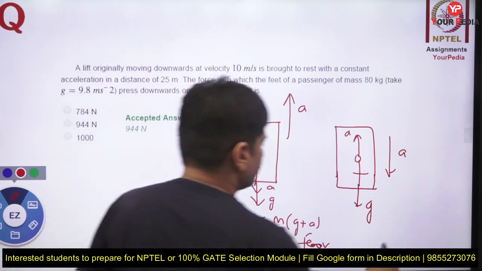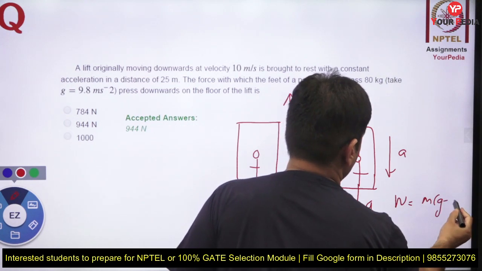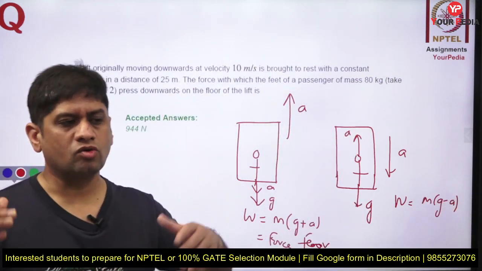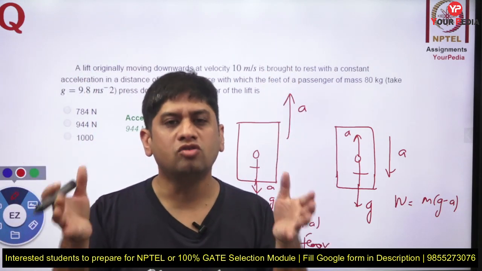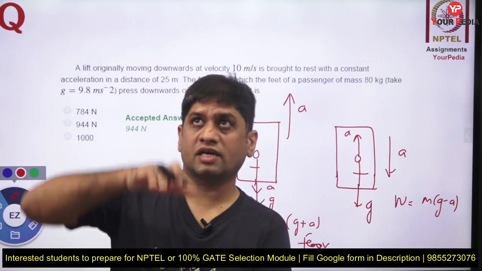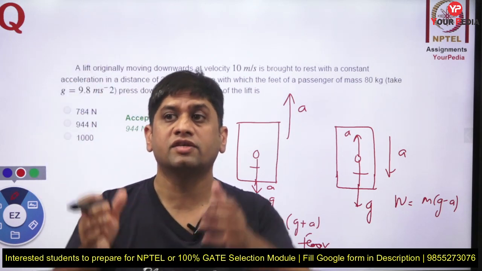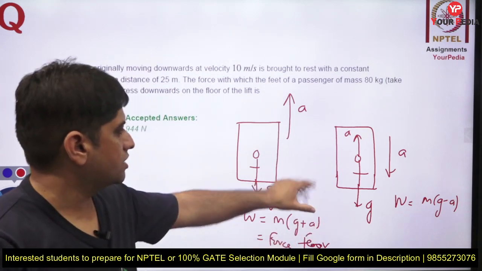So the apparent weight in this case will be equal to m into g minus a. So everybody knows how to calculate apparent weight of the body which is inside the non-inertial frame, which is lift. So if lift is accelerated upward, the force will act in the downward direction. If the lift is accelerating downward, the force will act in the upward direction, something like this.